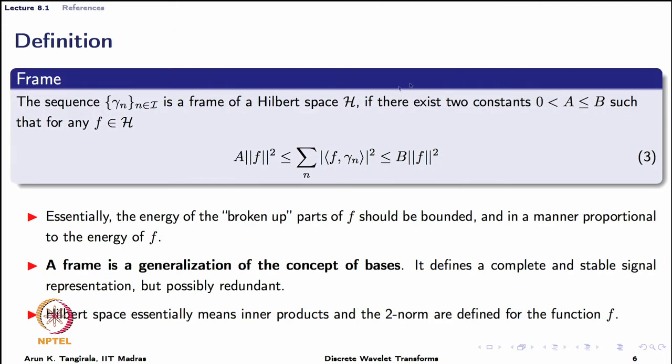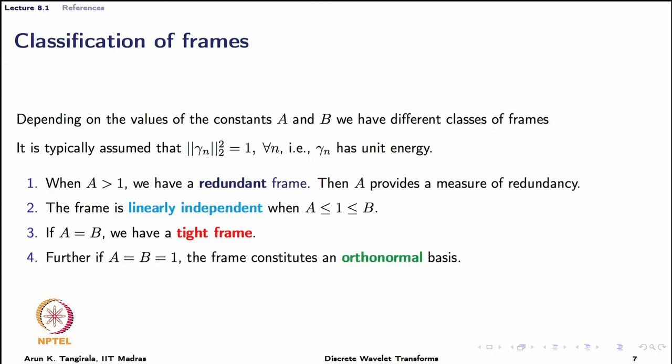If you go back to this inequality here, it means that the energy of the components put together is greater than the energy of the signal itself. a is greater than 1, b could be anything, but a is a lower bound. Which means I have more components than necessary, right. So, that is why the term redundancy comes in.